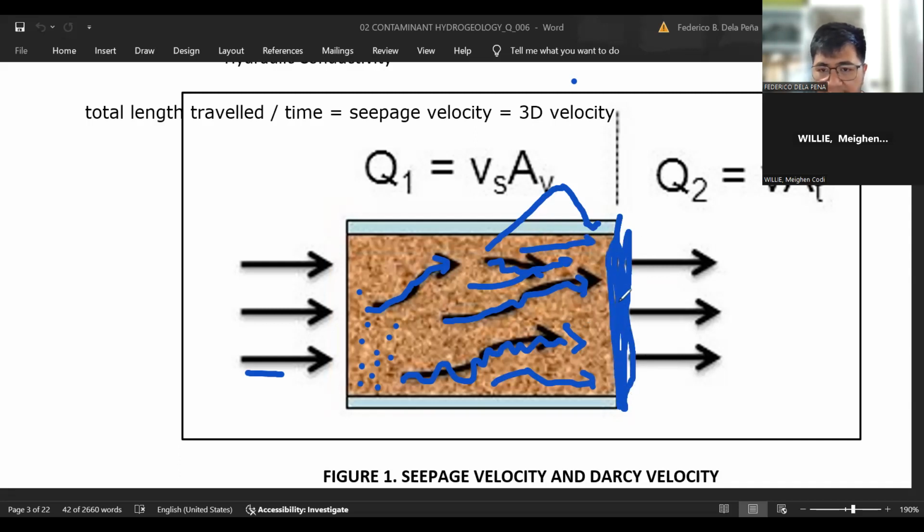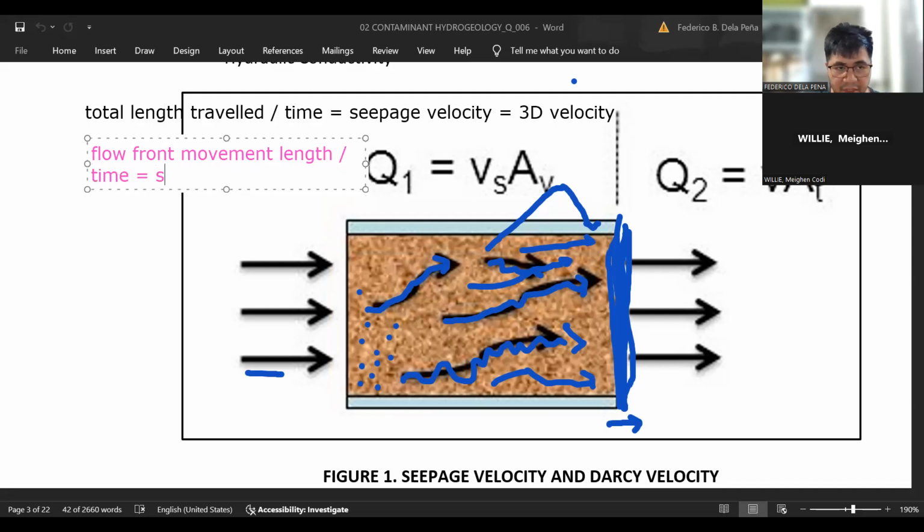You only care about the movement of the whole group. So you just measure this part and then divide it by the time needed to travel. So you have this flow front movement length divided by time. That's your Darcy velocity.